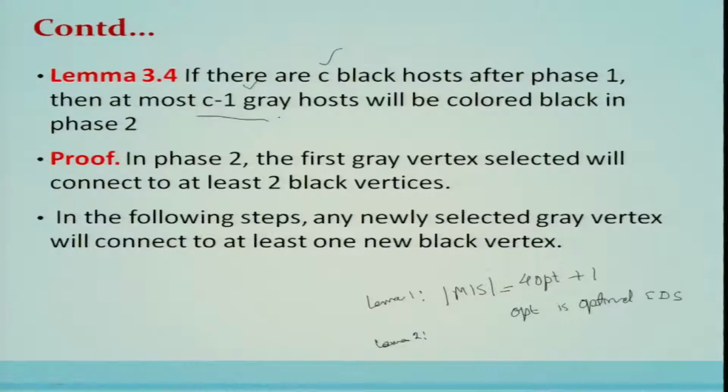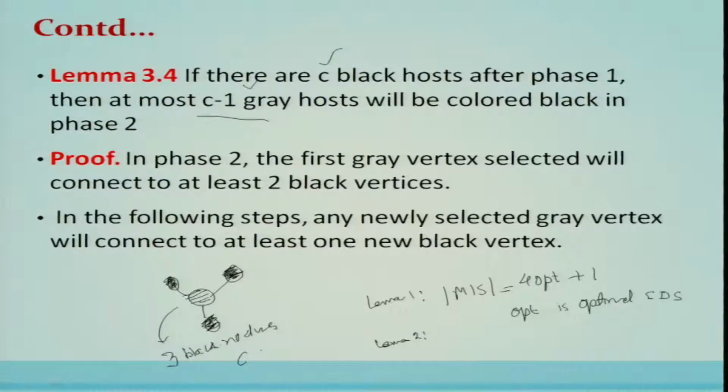Now another construction: if these are the black nodes, and this is the gray node, and this gray node is going to connect 3 different black nodes, that means one gray connects 3 black nodes.